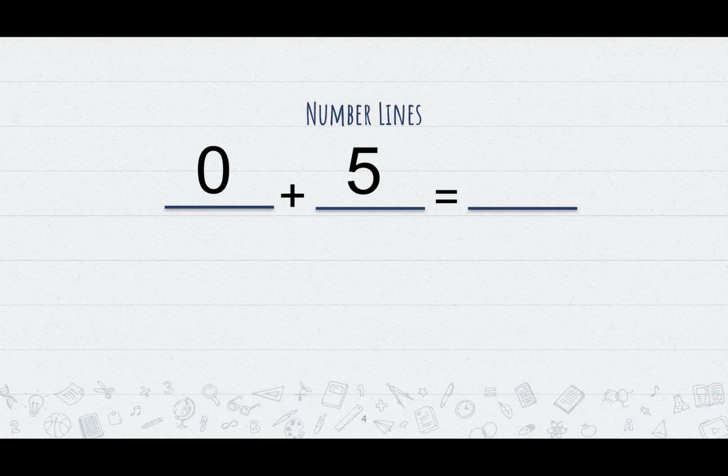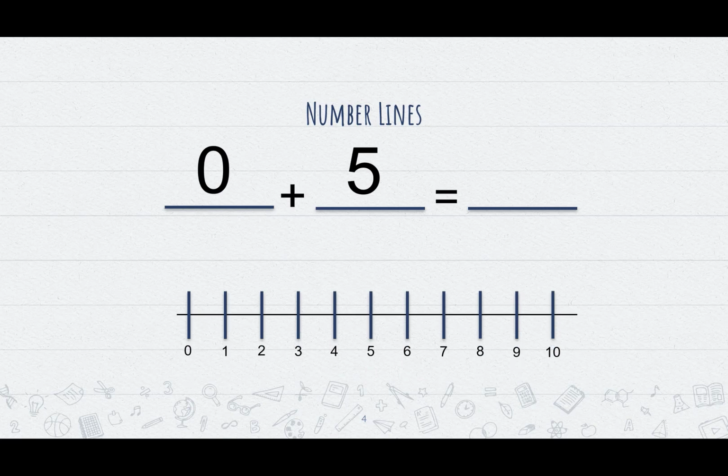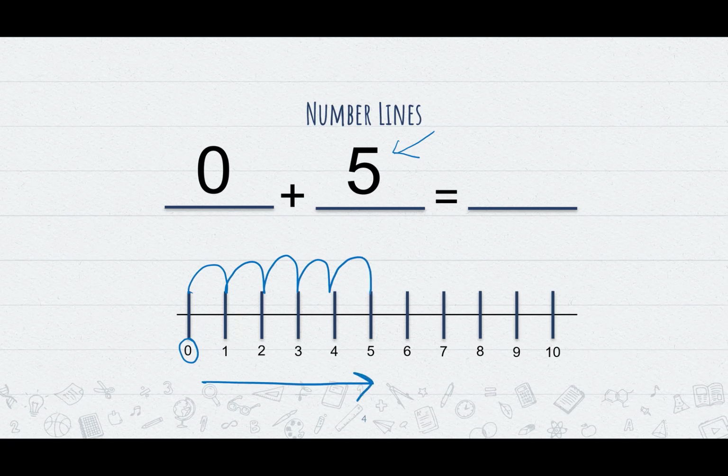Let's try another one. This one, we're going to be starting at 0. Then we're going to go 5 hops: 1, 2, 3, 4, 5. And we know we're going this way because it's addition.